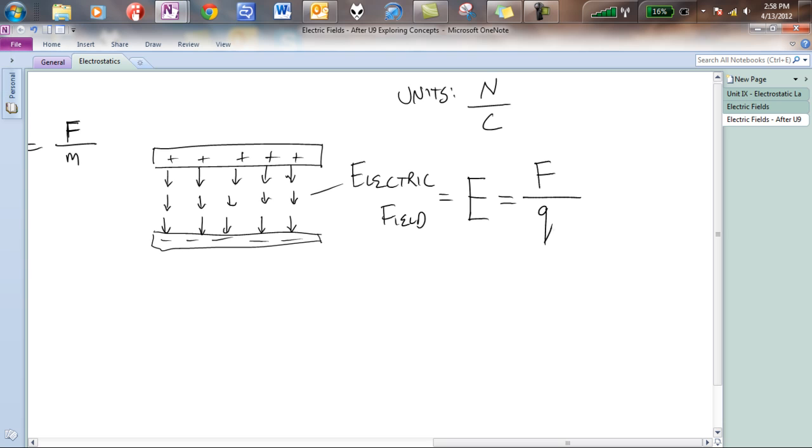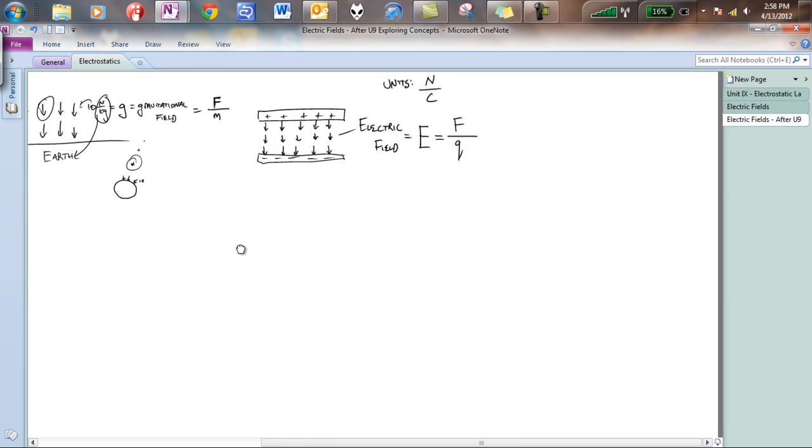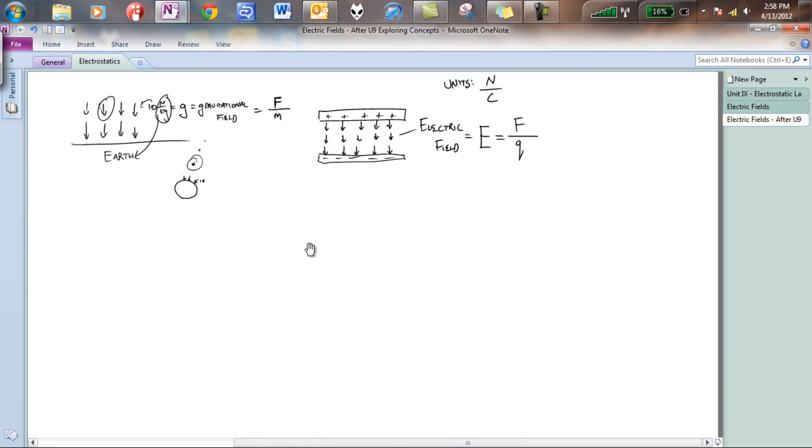So this is a very easy calculation, and you guys were running this calculation when you were taking the electric field and multiplying it by Q. So taking a zoom out and looking at this parallel, you will notice F divided by m is equal to the gravitational field, and F divided by Q is equal to the electric field. Notice how similar these two equations are. The only difference is we've replaced the m with the q.